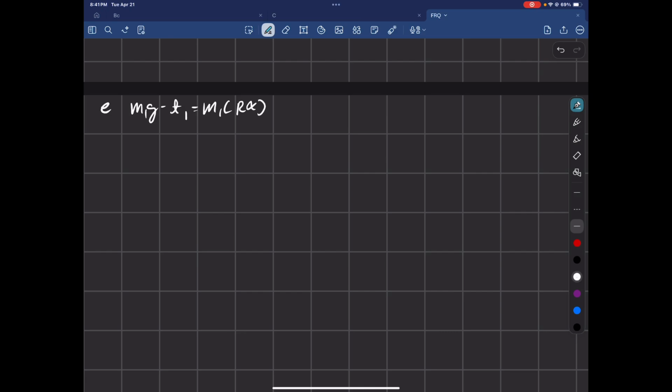And then for the second mass, it would be getting pulled by the tension, so it would be T2 minus m2 g, and this would be little r alpha. So the torque acting on the system would just be the tension 1 times the radius minus tension 2 times the radius is equal to I alpha.